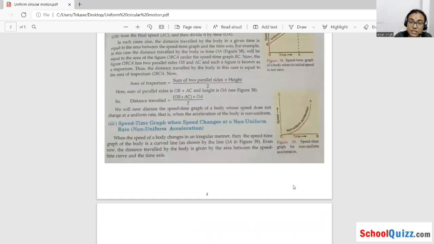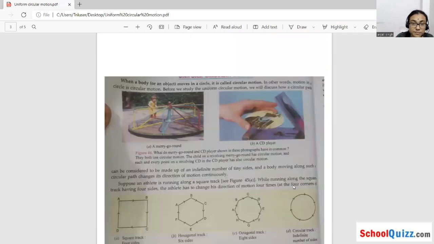Clear? So this is the graph where you can observe uniform as well as non-uniform acceleration. And in the uniform case also, sometimes it is uniformly increasing and sometimes uniformly decreasing. Clear everyone?